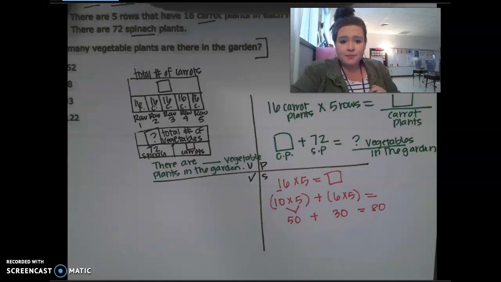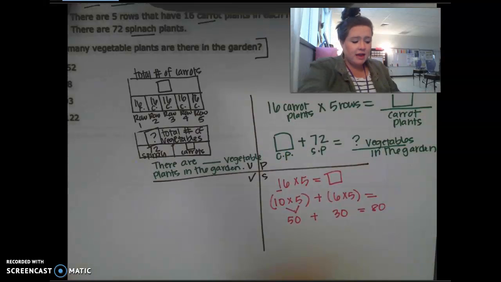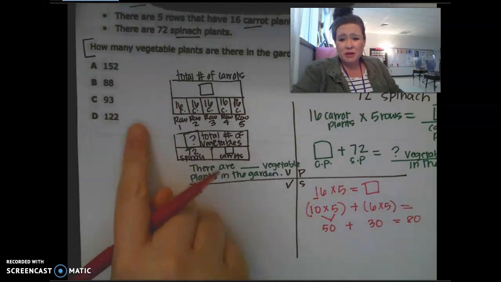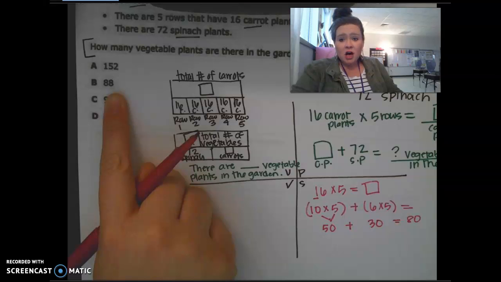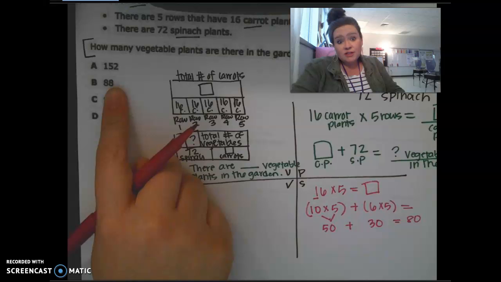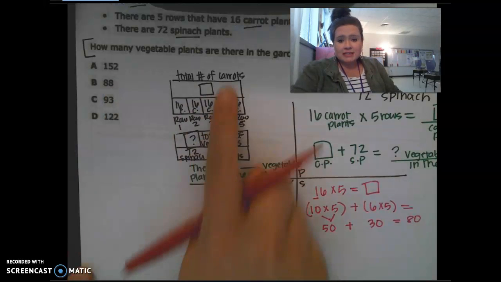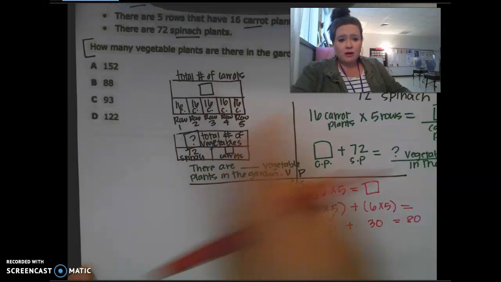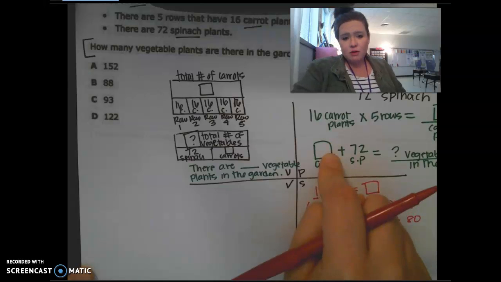Are we done? No, we are not done yet, okay? We have 2 steps in our plan. Don't stop here. Now, 80 is not an answer choice, but you know what? 88 is an answer choice. And a lot of times students are going to see 80, see 88, it's close enough, I'm going to choose it. You planned out 2 processes. You planned out 2 strip diagrams. You have 2 different plans in your plan part of this UPS check.